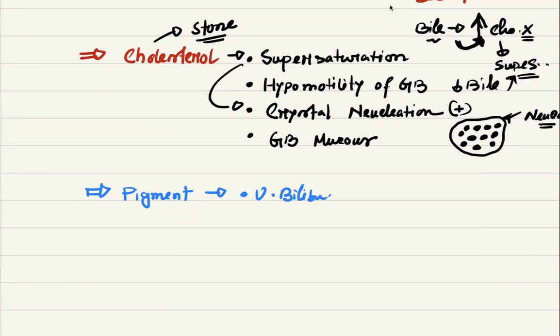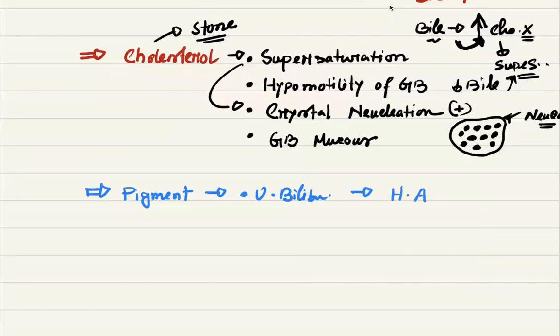Where can we have this increased level of unconjugated bilirubin? So simply remember, the hemolytic anemia patient.